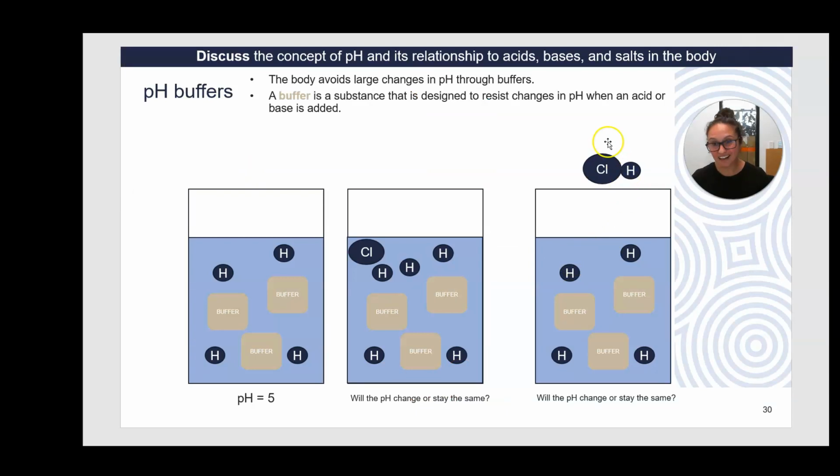So what a buffer does, and why they're so important, is buffers stop your pH from changing. So when I grab this little molecule here, my little acid, and I put him into my water here, because he's an acid, he's going to break apart. So I just grab him here. Now instead of letting this guy float around, changing my pH, guess what? The buffer holds on to him. The buffer grabs hold of that hydrogen and says, hey, you are not going to be floating around and changing the pH here, buddy.